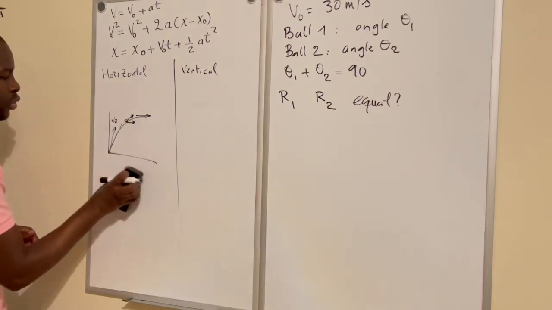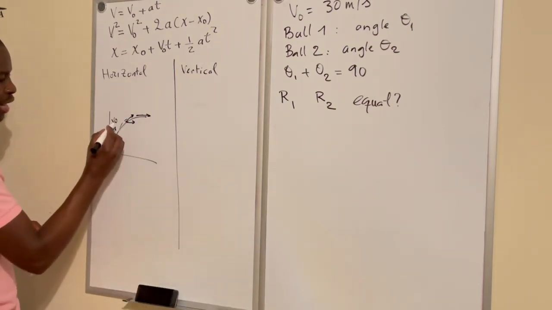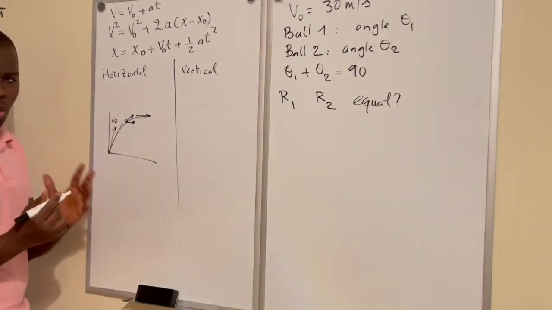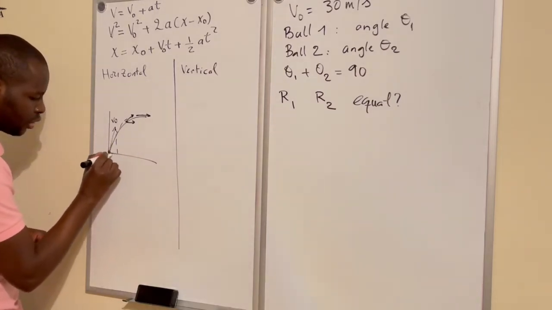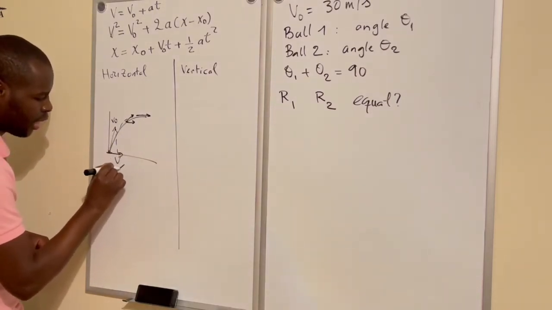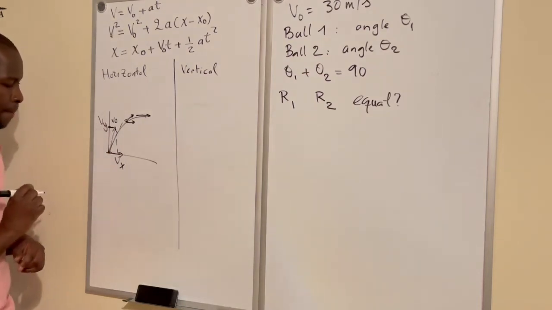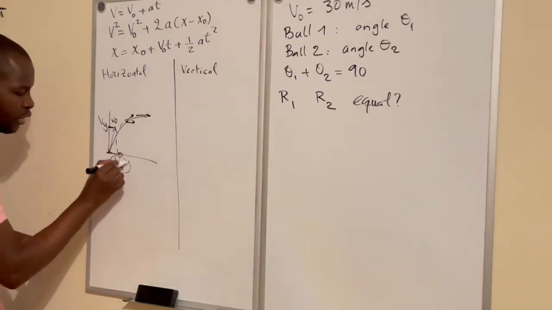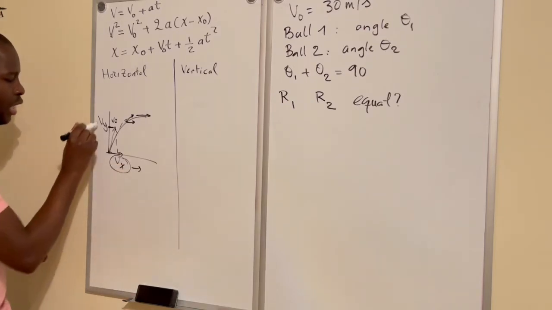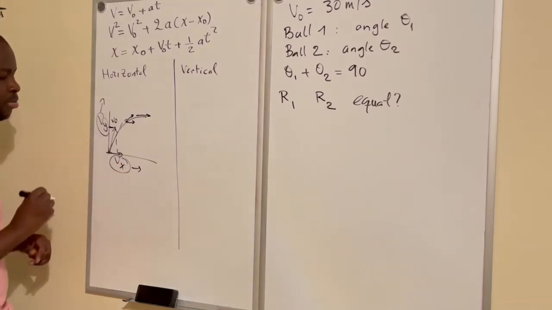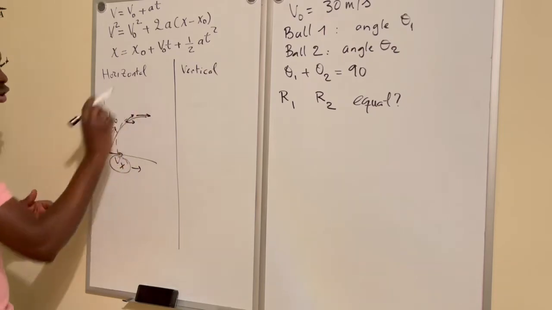Now, to do this, we know that the v0 will have two components. It will have a vx, and then a corresponding component on the y-axis, so a vy. This vx will be valid for the horizontal motion, and the vy will be valid for the vertical motion.